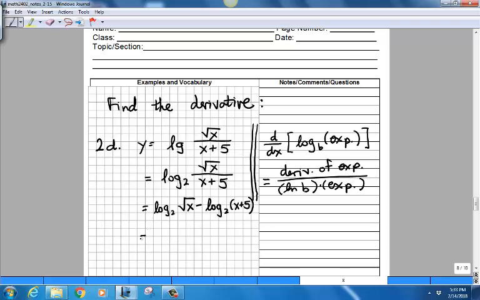Actually, let me take this one more step in my simplification using log properties, because square root of x, of course, we can rewrite as x to the 1/2 power, and then using another of our properties for logarithms, we can bring this exponent in front as a coefficient. We've done that several times through the course. So we can really write log base 2 of square root of x as 1/2 times log base 2 of x.